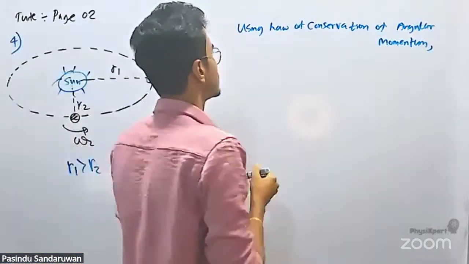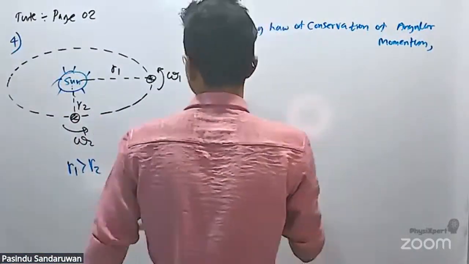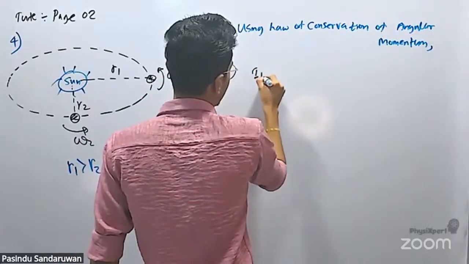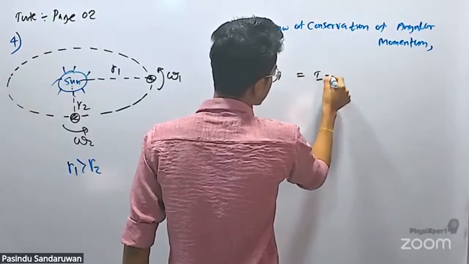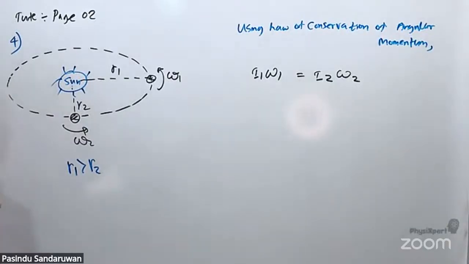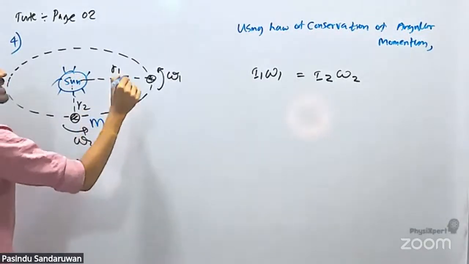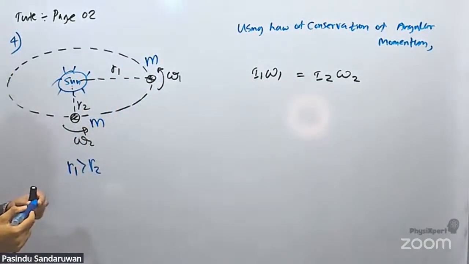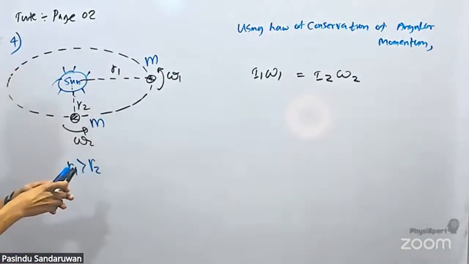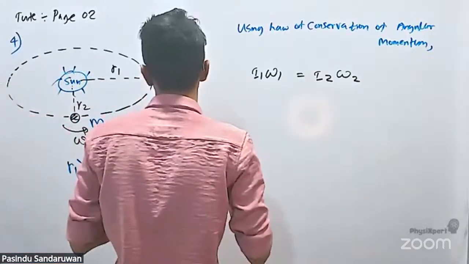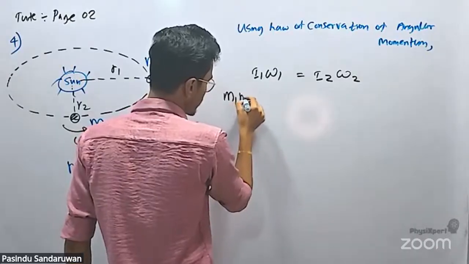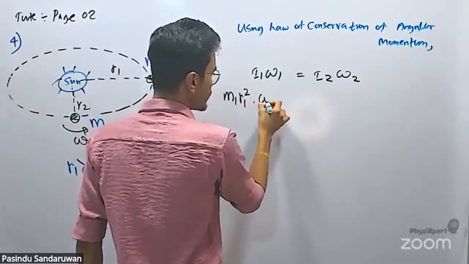Then using the law of conservation of angular momentum, we can say I1 omega 1 equals I2 omega 2. No? Let's assume the mass of Earth as m. That is a constant. Now, Earth rotates about an external axis, so I1 can be expanded as m r1 squared omega 1.